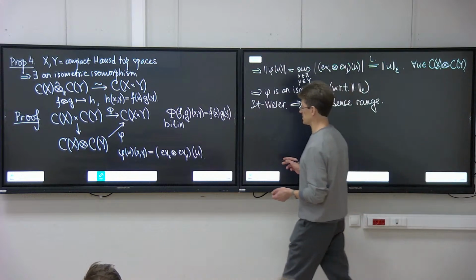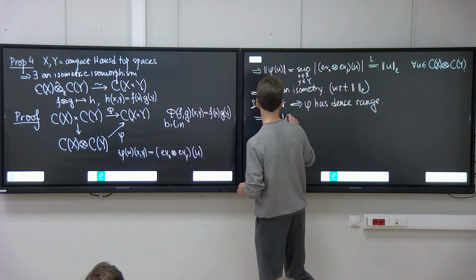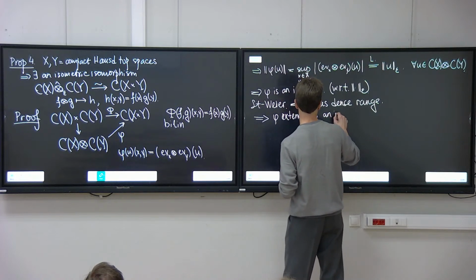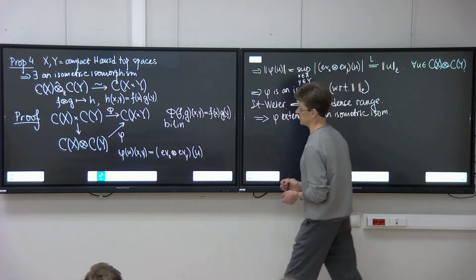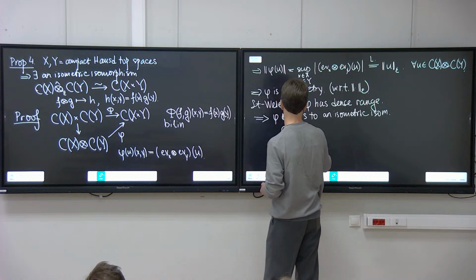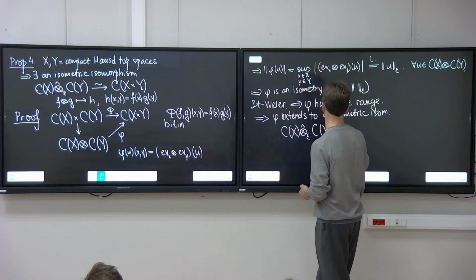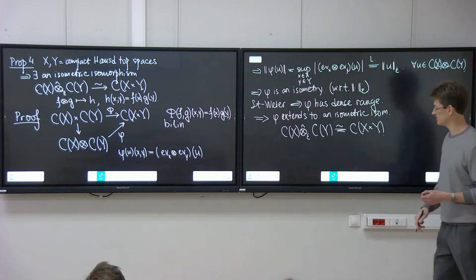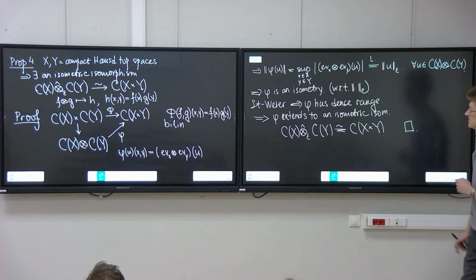And so it uniquely extends by continuity to an isometric isomorphism between the completion of the space, which is just the complete injective tensor product, and C(X cross Y). And that's it. This is our isomorphism.